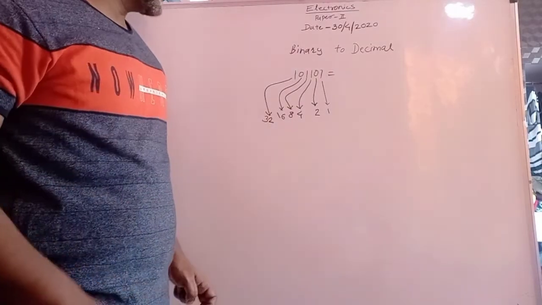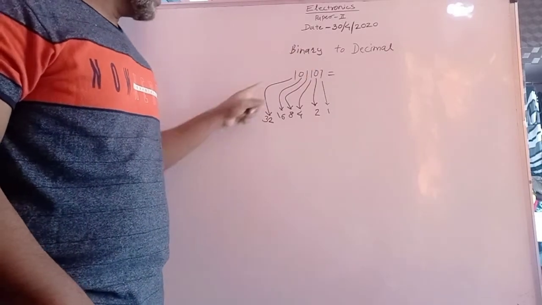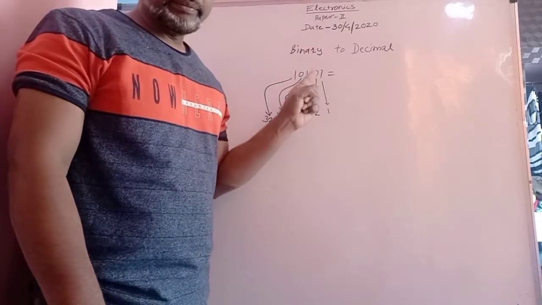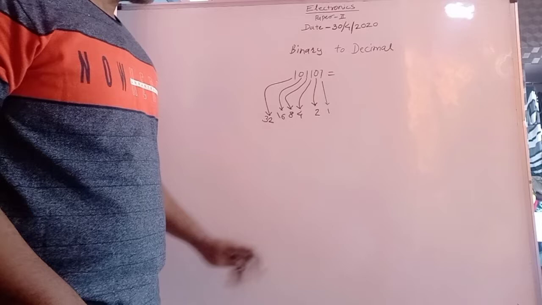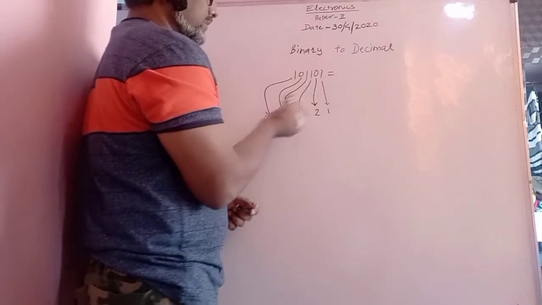So the simple method for conversion of binary into its equivalent decimal number is just you have to multiply each bit by their weights and just add for the conversion. So first multiply this by its weight.